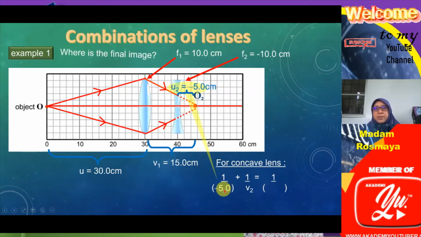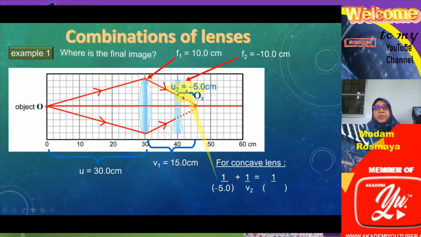We substitute 5 cm, and it is negative because this object is a virtual object, because it should not be there. It should not be here because of the imaginary ray just now.